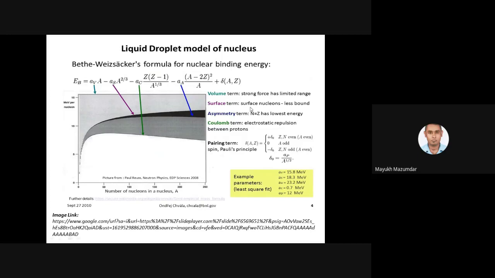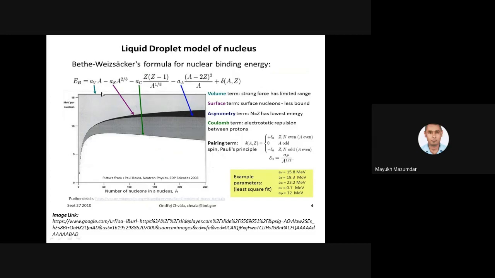It's sometimes also called the liquid droplet model. I got this picture. Everything has been incorporated in this picture. You can see all the terms have been drawn in terms of graphs. Along this way, they have plotted E_B by A. So this one you expect.